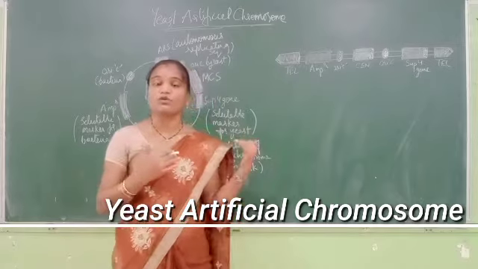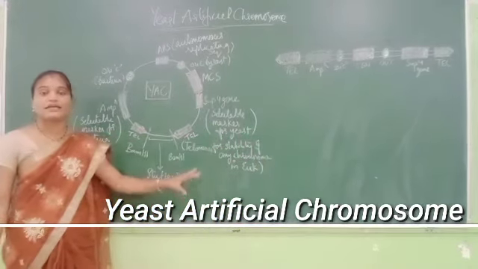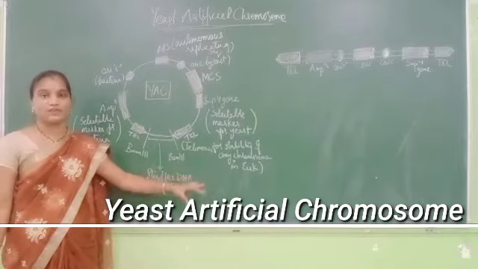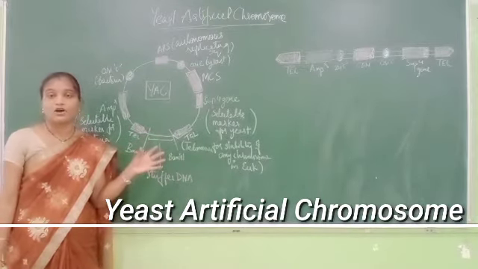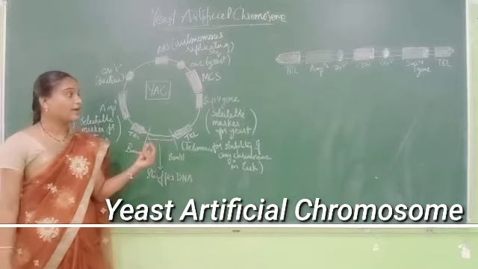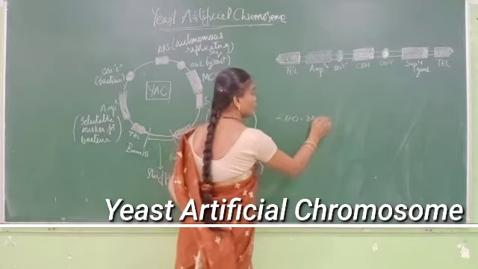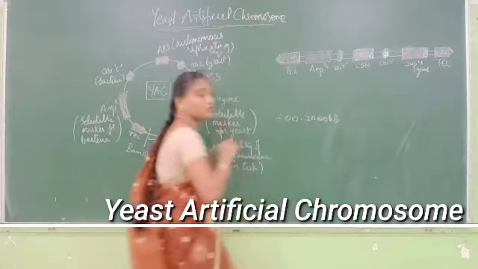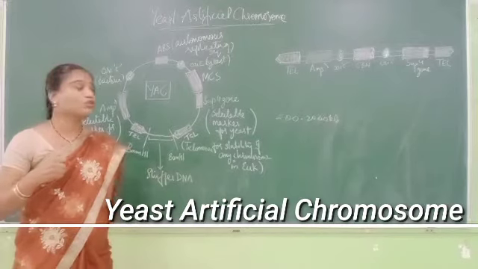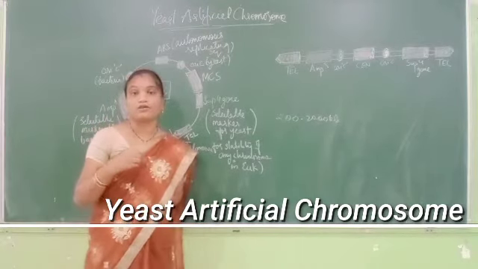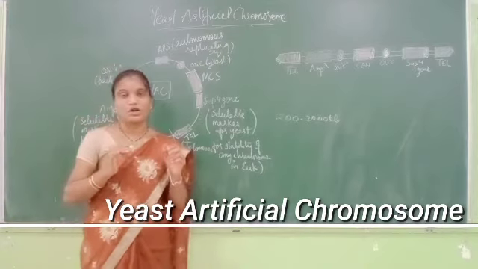Coming to yeast artificial chromosome, this type of vector is designed in such a way that it can carry a DNA molecule of around 200 to 2000 kilo base pairs in your host organism.